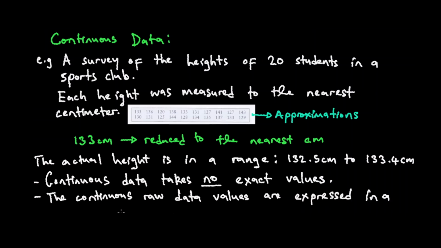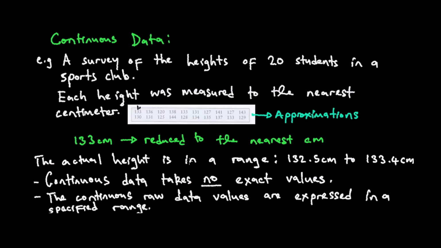And we have given an example. We took the value 133 centimeters. We said the range is going to be 132.5 centimeters to 133.4 centimeters. Somewhere in between this range lies the actual height of this first student, number 1.